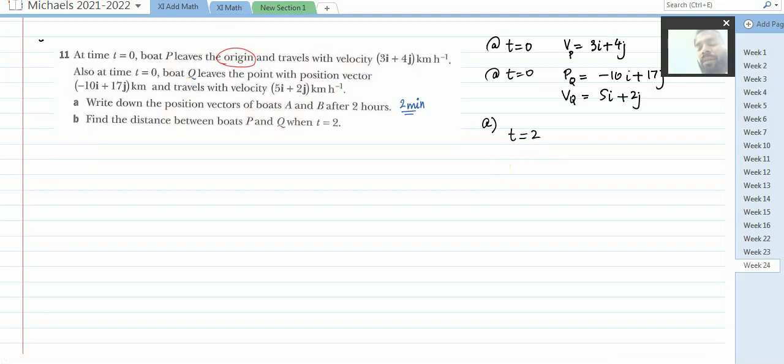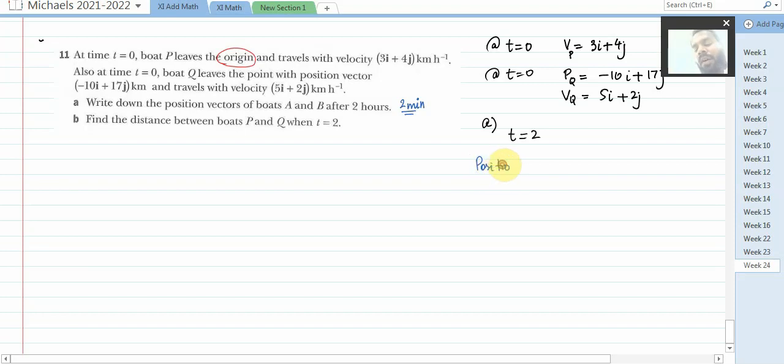So I am going to write down the heading here, position of P. The starting position is the origin, that means 0 and 0, and the distance traveled is due to the velocity and time. The velocity we have is 3 and 4, and the time is 2 hours. So for P, the position vector will be 2 3s are 6i plus 8j. That is the position of P.